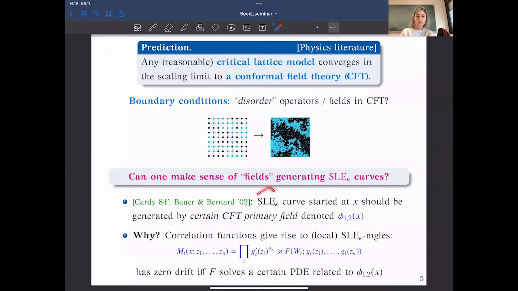Then when SLE curves were introduced, Michel Bauer and Denis Bernard wrote papers identifying what kind of field in conformal field theory should correspond to this disorder. They've denoted it like that. Never mind the notation if you haven't seen it. It's just something physicists have a guess for. Why that should be the case, I will come back to soon.